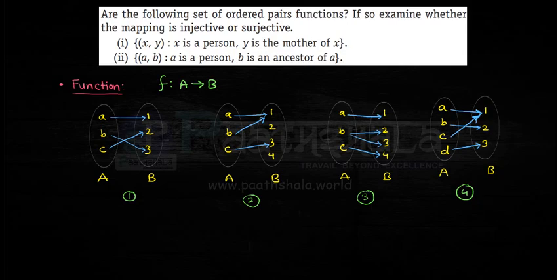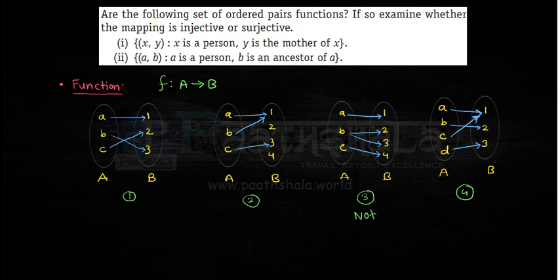But in the third case we can see A and C have a unique relation, only one image in the codomain, but B has two images. We can see in the third case B has two images in the codomain set. So it means that this is not a function.